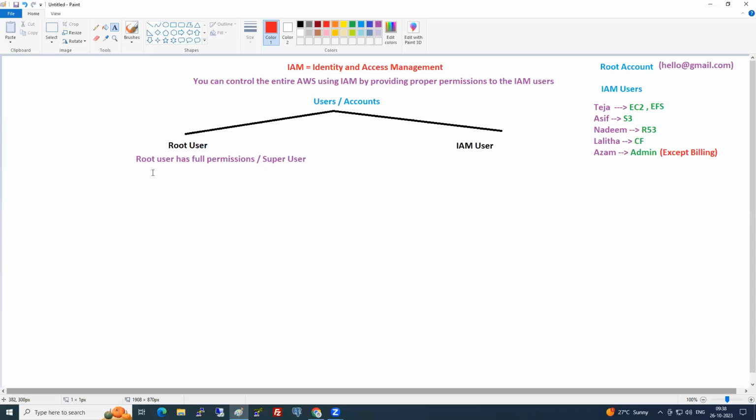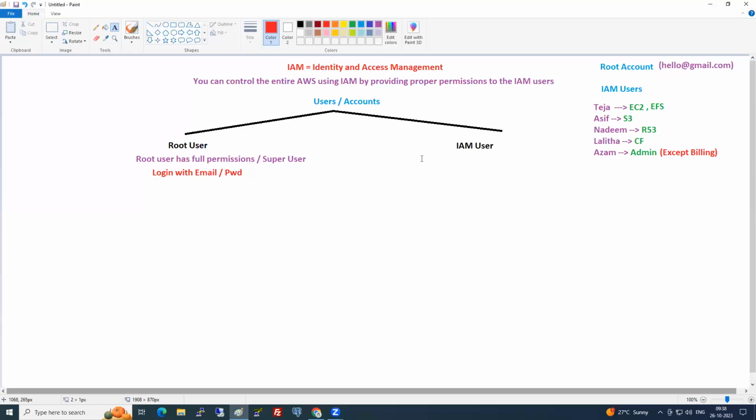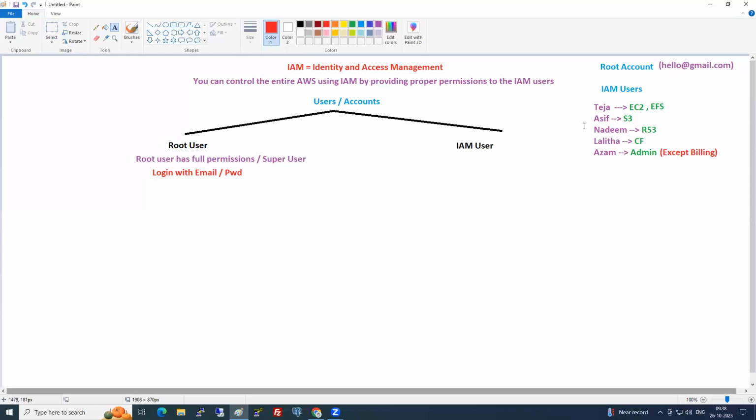Okay, now, how would you identify whether it is a root user or not? Can I say when you're logging in with the email ID and password, it is a root user? Yes. And here, you're logging in with just a username and password. Teja, username. Asif, username. Did I create it like asif@gmail.com?